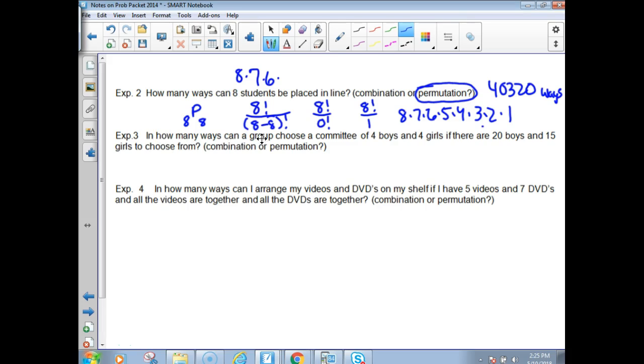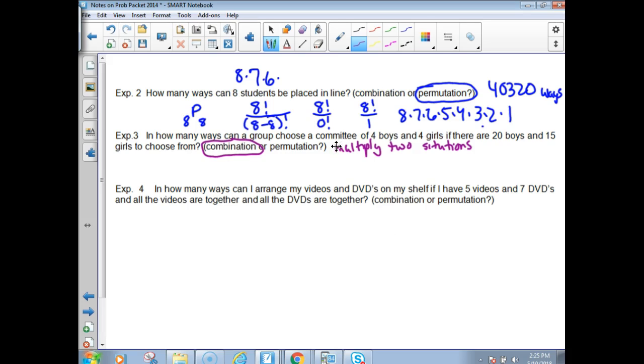How many ways can a group choose a committee of 4 boys and 4 girls if there's 20 boys and 15 girls to choose from? That's a combination. Okay. Now, you're going to have to multiply the 2 situations, because one's about boys and one's about girls.